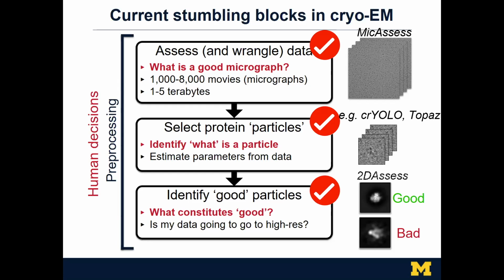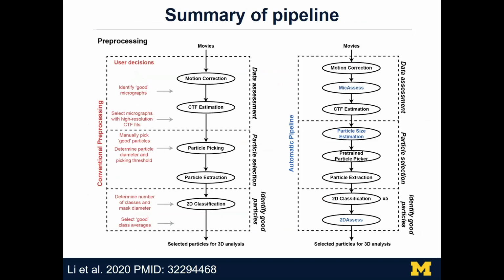And for the third question, we developed 2D Assess to find the good 2D class averages. To summarize the pipeline, on the left is a conventional pre-processing, with the subjective decisions in red. You have to identify good micrographs, you have to select the max res threshold from CTF fits, you have to manually pick some good particles, and you have to select from the 2D class averages.